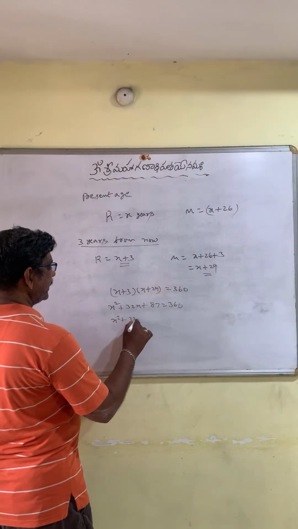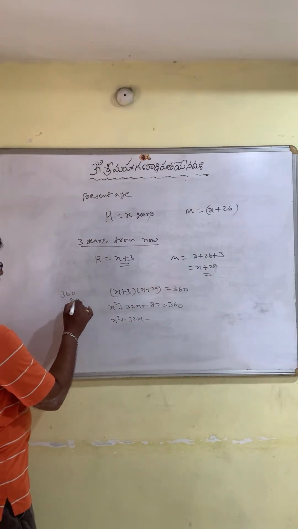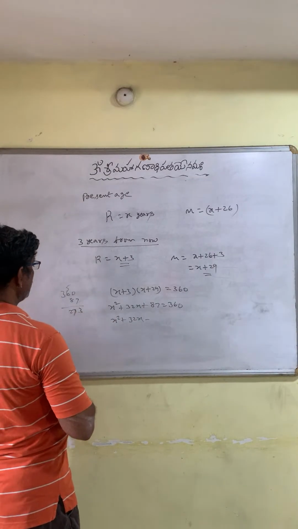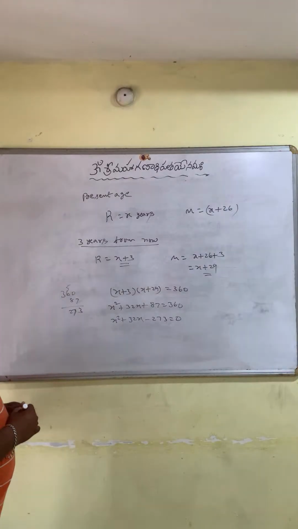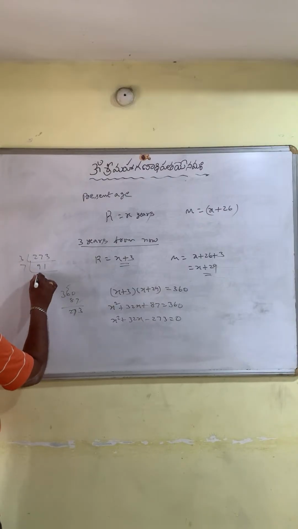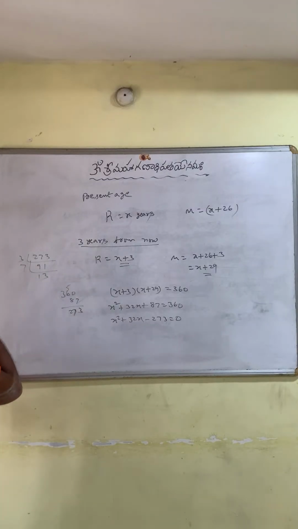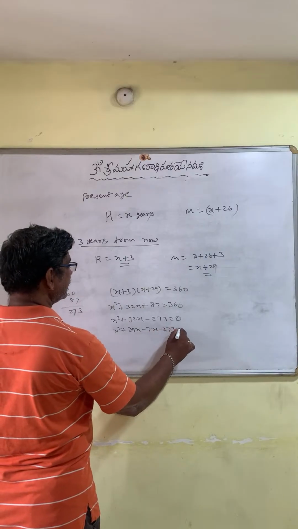So x square plus 32x minus 360 minus 87, that is 273, is equal to 0. 273 is 3 times 91, 7 times 39. Splitting the middle term, x square plus 39x minus 7x minus 273 is equal to 0.